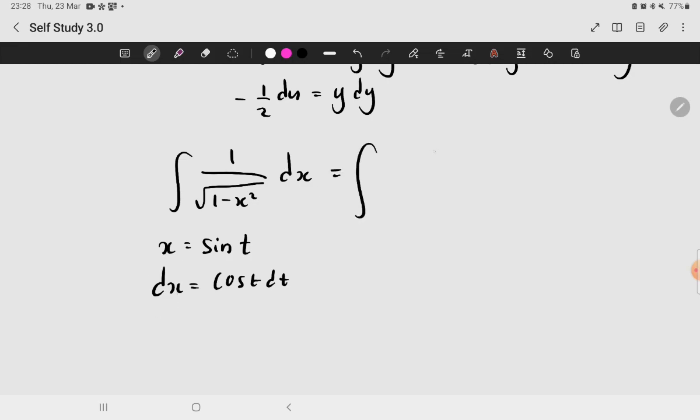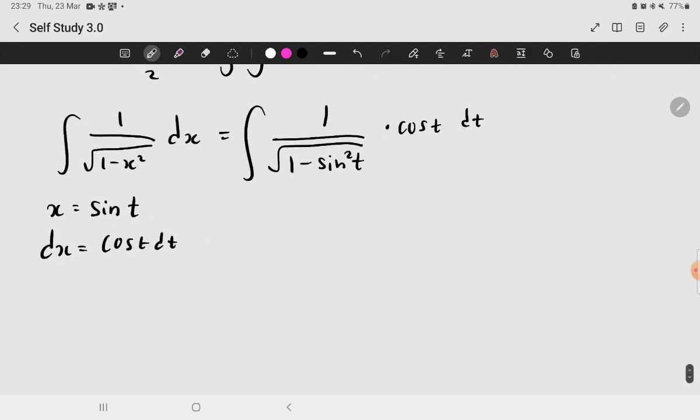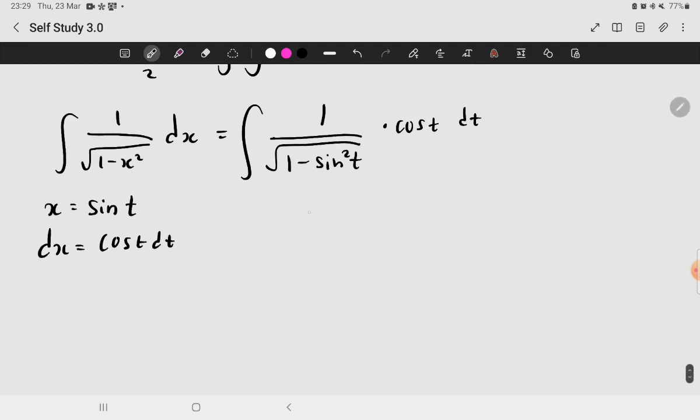So this will become 1 divided by the square root of 1 minus sine squared t, times the cosine of t dt. Now, you have to refer back to one of the trig identities, sine squared t plus cosine squared t is equal to 1. And you express sine in terms of cosine.